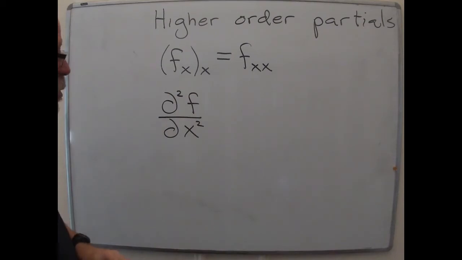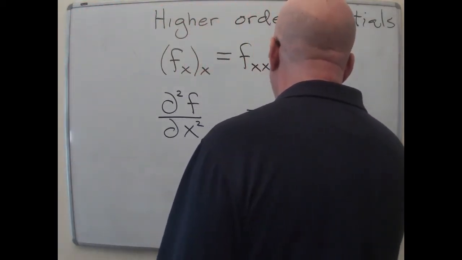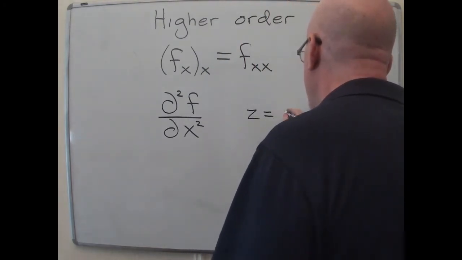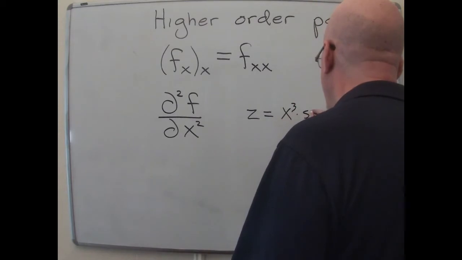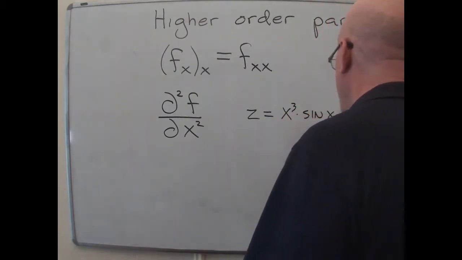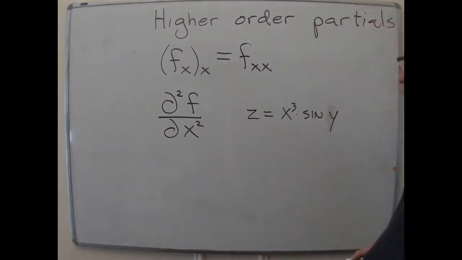Well, let me do one for you. Suppose we did z is equal to x cubed times sine y, sorry, the second variable to be in there. When I take the derivative with respect to x, I pretend y is a constant. If y is a constant, then its sine is a constant.